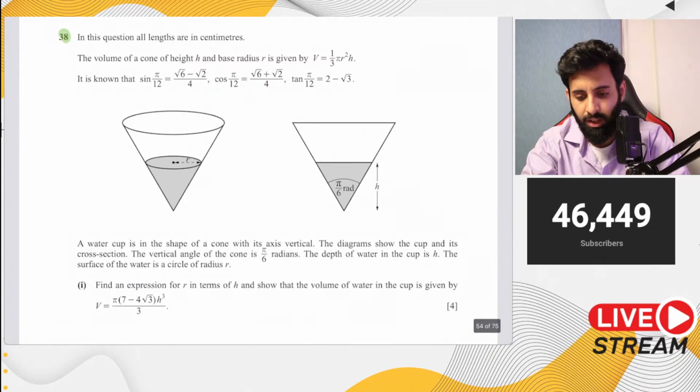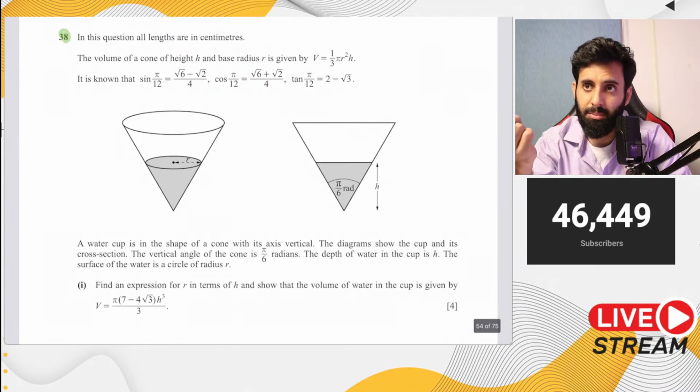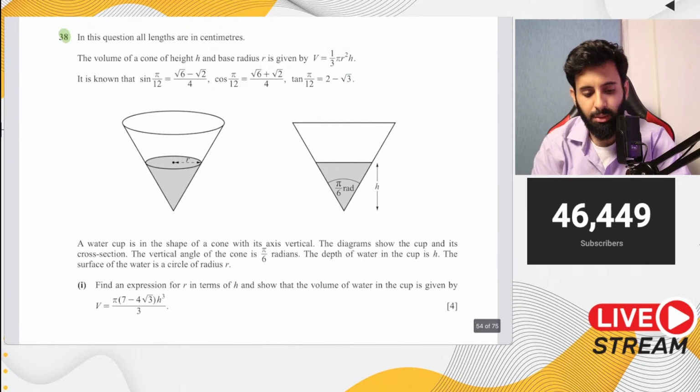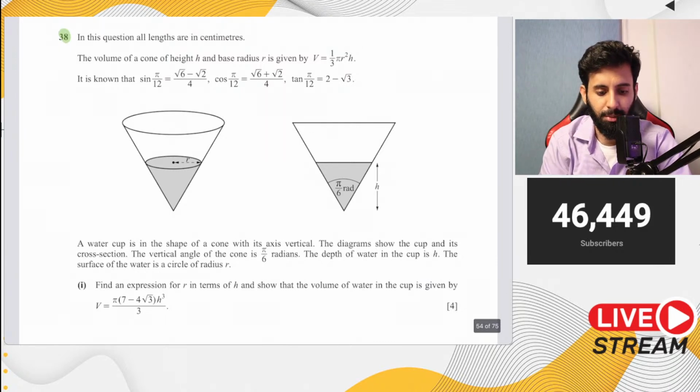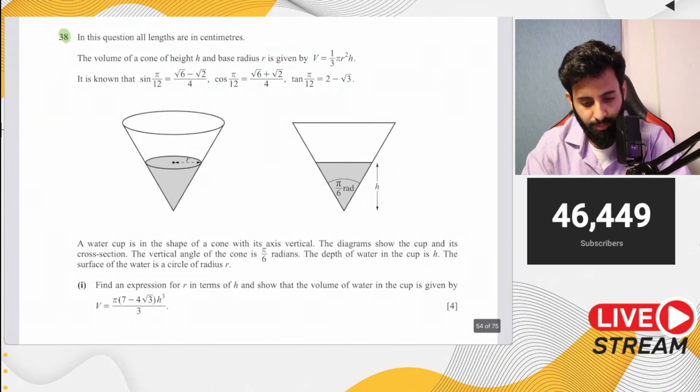If you have area under the curve in one paper, you can have equation of the curve in the other paper. So once you guys are done with paper 1, we'll see what we need to prepare for paper 2. Like I just made a video in maths where I talked about the questions and topics you need to focus on for paper 2. We'll do that for AdMaths as well, inshallah.